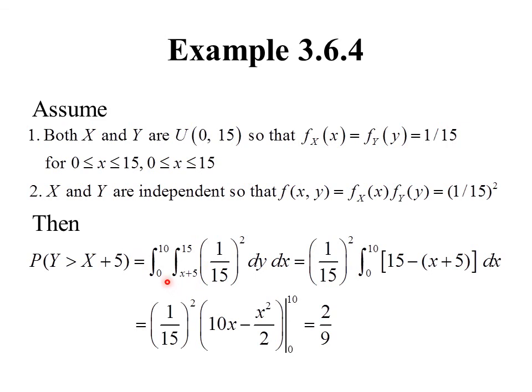X goes from 0 to 10 in this case, because if the man arrives after time 10, he's not going to have to wait longer than 5 minutes. Again, assuming that the woman really does arrive by 6:15. So that's why this goes from 0 to 10. And then for a fixed value of x, y goes from x plus 5 up to 15. And then we integrate that using standard calculus 3 techniques, and we get our probability of 2/9.